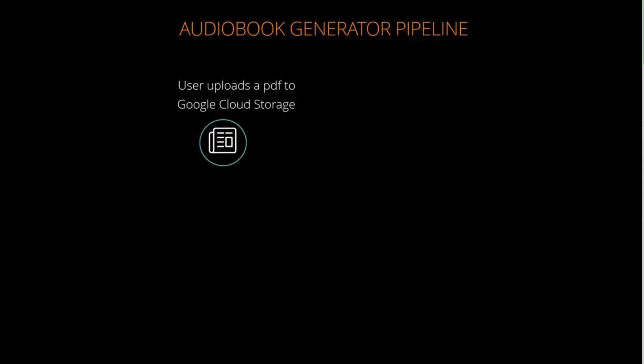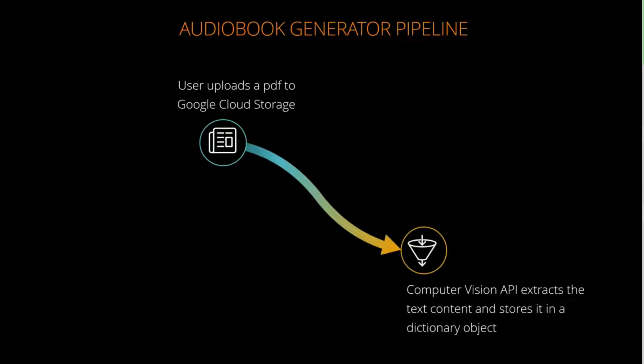So first things first, as we speak, now the file is getting uploaded to the Google Cloud Storage bucket. And once the file is uploaded to Google Cloud Storage, the next step is Computer Vision API is going to use optical character recognition, Google's OCR, and it is going to extract the text content, and it is going to store that content in the form of a dictionary object.